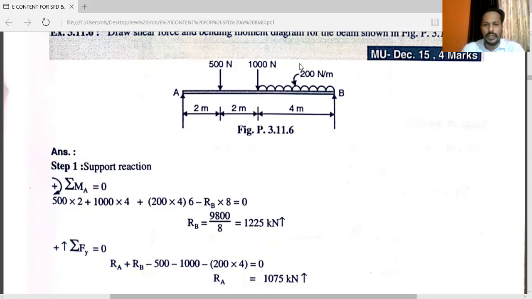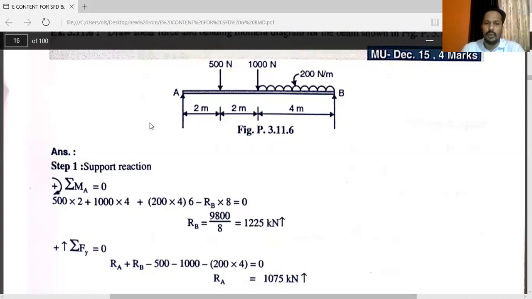So it will also move in the clockwise direction. So plus 200 into 4, that is intensity of force, into perpendicular distance 6, minus RB. RB will move in anti-clockwise direction.